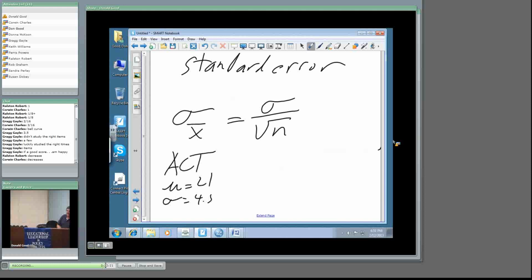Let's say you have 100 students in your district who take the ACT, or 100 students in your school who take the ACT. So your n is 100. What is your standard error?